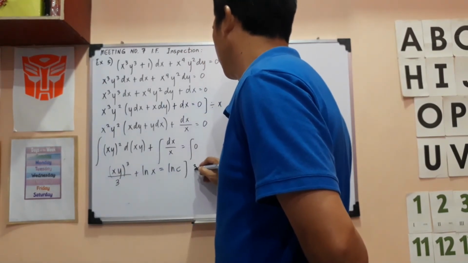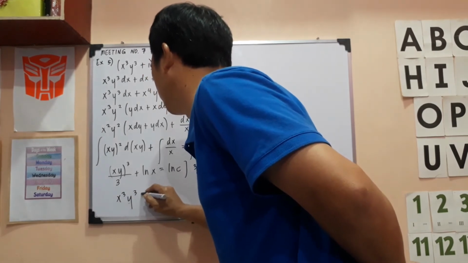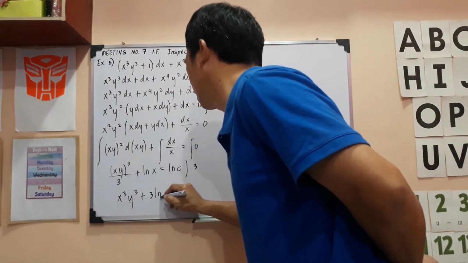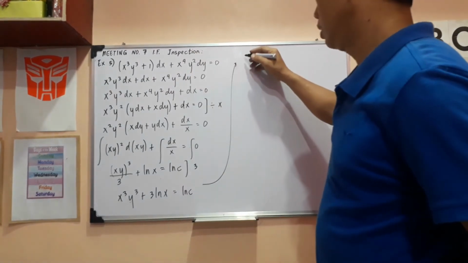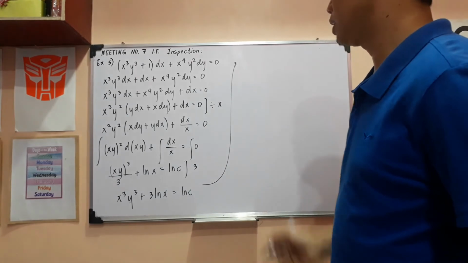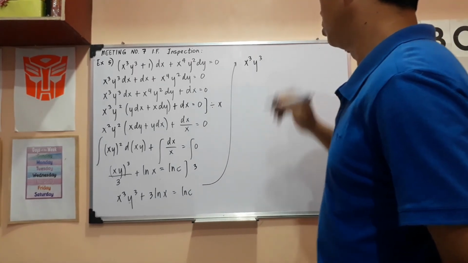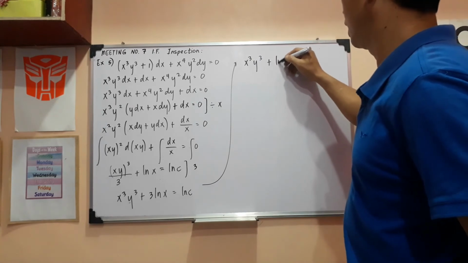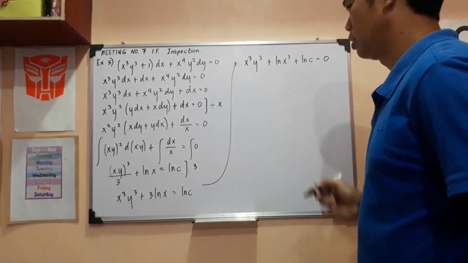Okay? So I have here now x cube, y cube, plus 3 ln of x is equal to ln of c. So next is x cube, y cube, plus ln of x cube, plus ln of c is equal to 0. Diba?